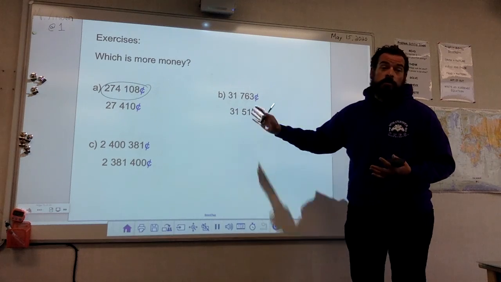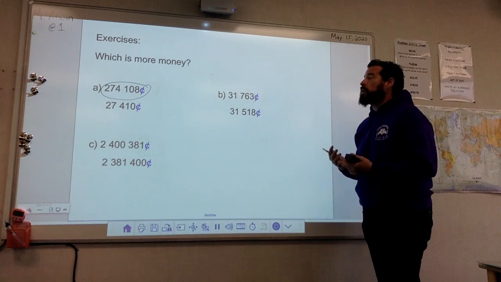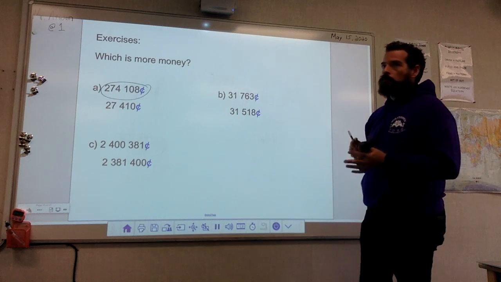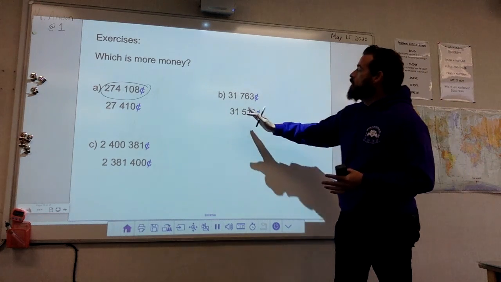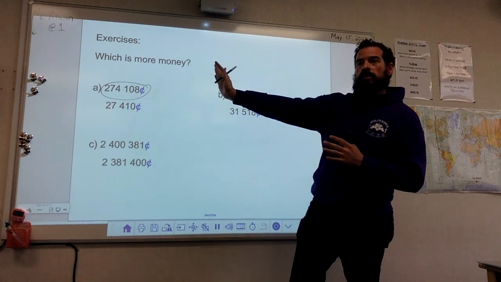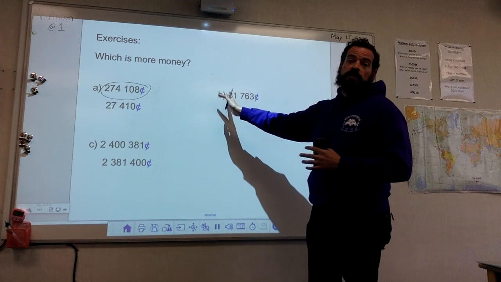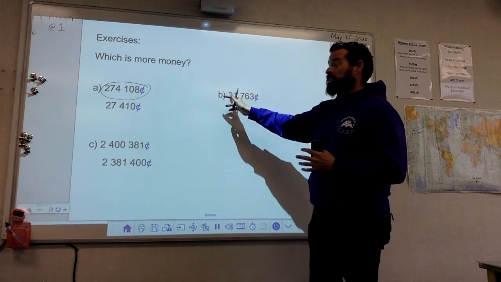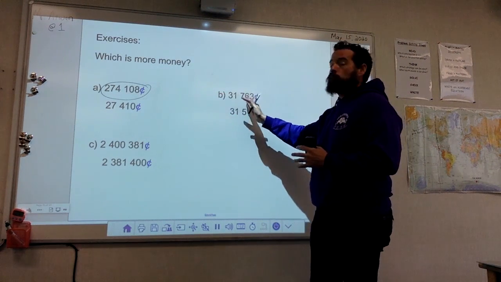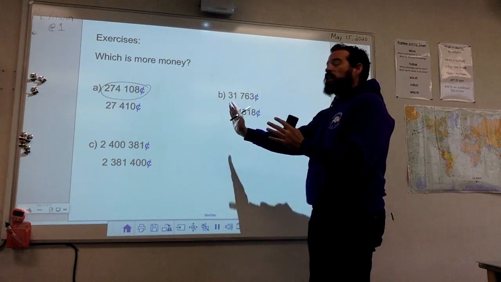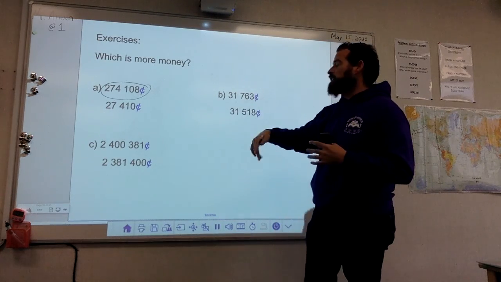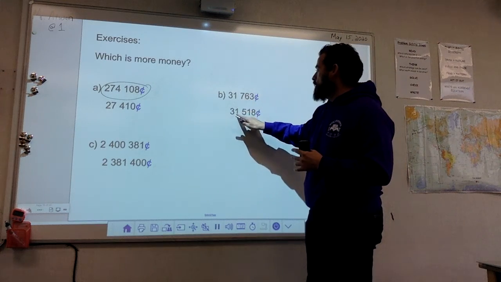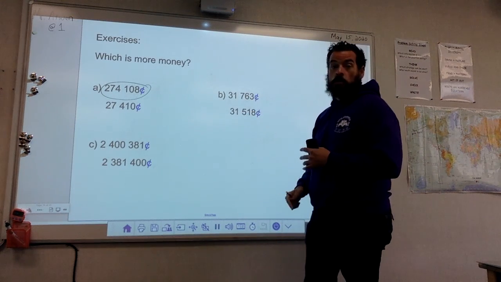Now remember, this is just like when we're comparing regular numbers. We just have a cent notation to indicate that we're talking about money here. But to compare them to see which is bigger, we do the same thing. So we're going to look. We start all the way to the left. And in this case, that's in the 10,000s place. So it's the same. So that means I've got to keep moving to the right until I find a difference. Because here, in the thousands place, we have a 1.